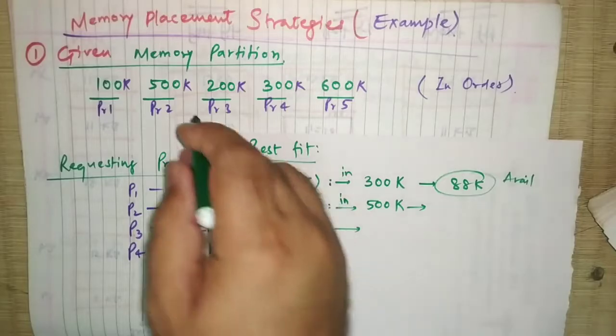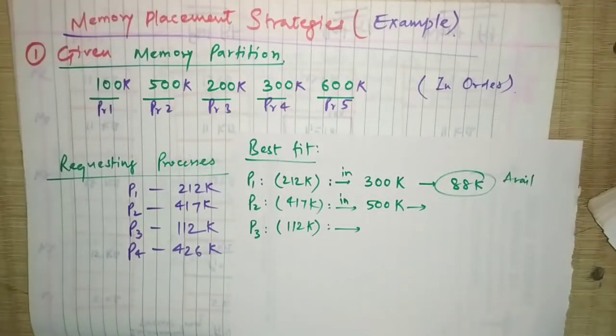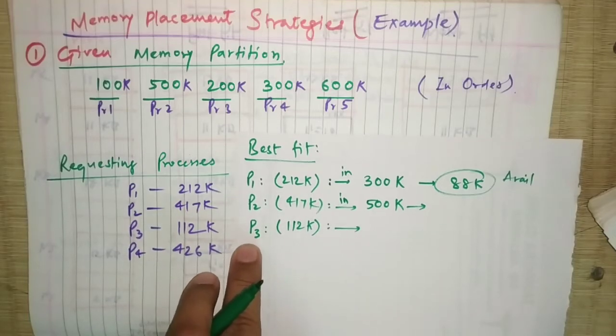We'll go ahead. 200k, this is possible. So we have a very good option, that is 200k. We can fit our P3 into 200k.